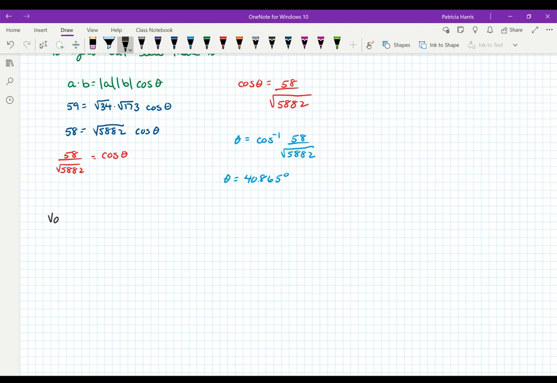So this would be some new vocabulary. Okay, all right. So if your vectors are orthogonal, that simply means that the angle between is 90 degrees. Usually you hear orthogonal associated with vectors. It's simply another way of saying perpendicular.